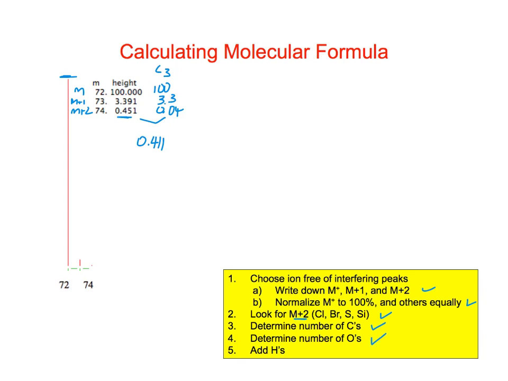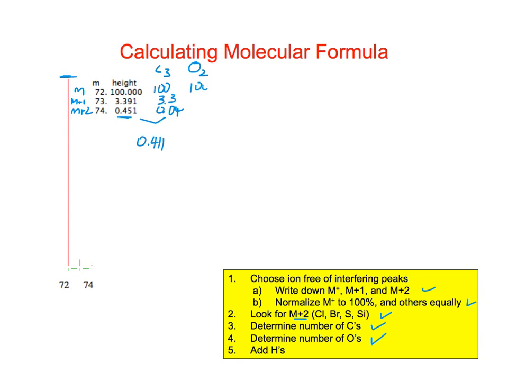Now we're going to see if we can add any oxygens in. How many? 2, right? Because if we look for oxygen on that table, 2.1, oxygen contributes 0.2 for the A plus 2. And we have 0.4 left over. So we can have 2 oxygens.